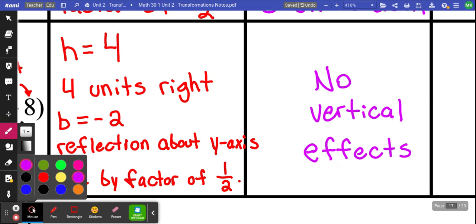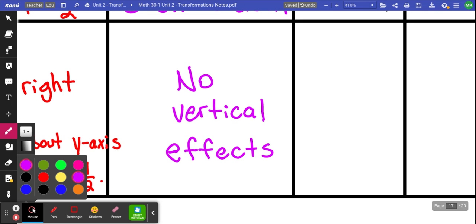Awesome. Applying this to a point. When you're applying something to a point, we have 6,2, right? That's the original point. The order in which you apply them does matter. Okay, you must do reflections and stretches first.